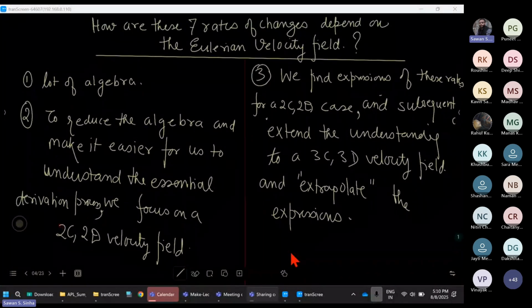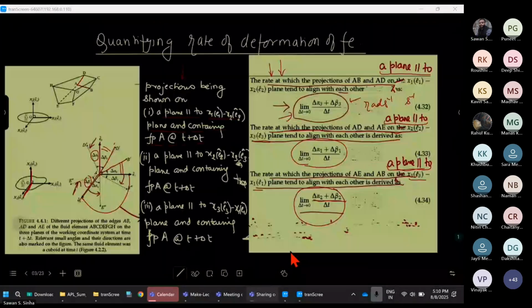So since this morning, I have defined 7 rates of changes with an attempt to describe or quantify the rate of deformation of a fluid element. 3 are here and 4 I defined in the morning.